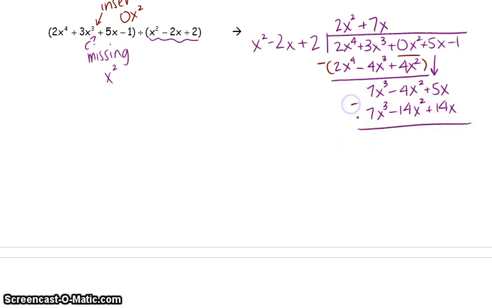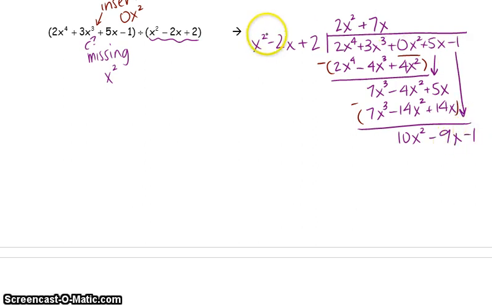And again, we are subtracting. So 7x cubes cancel. Negative 4 minus a negative 14, so that becomes a positive 10x squared. 5 minus 14 becomes a negative 9x. And then we bring down our negative 1.